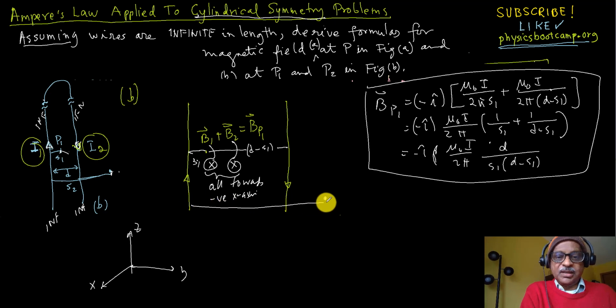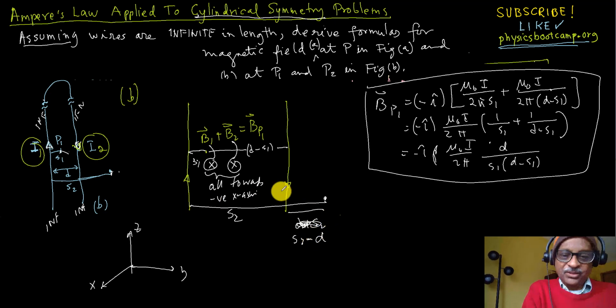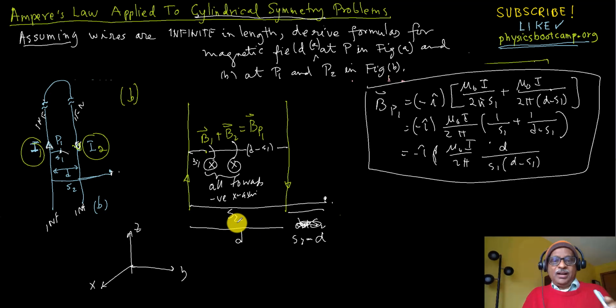So this distance is S2, then this distance is S2 minus D. That's so silly. From here to here is S2, from here to here is D. Okay.